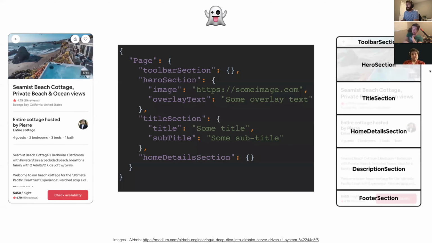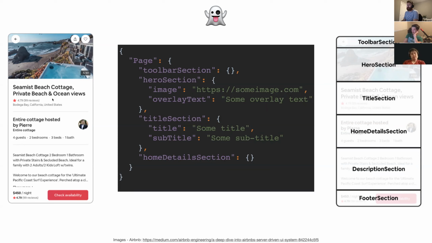So kind of an example of that, this is a platform by Airbnb called Ghost Platform. The JSON in the middle I just made up, but it's kind of illustrating the way Ghost Platform for Airbnb works. On the right here, they have these predefined templates, like toolbar section, hero section, title section.